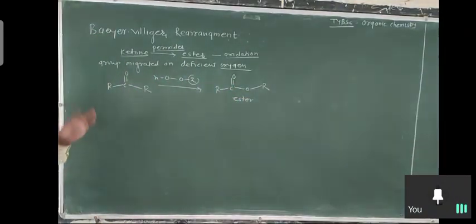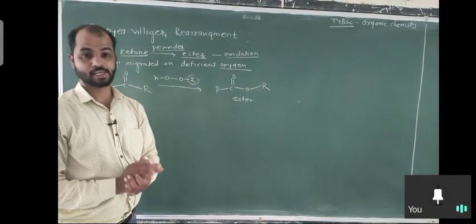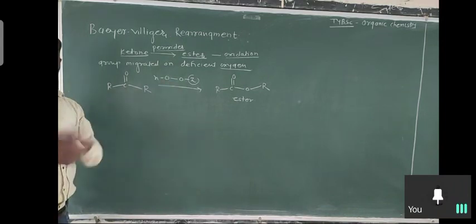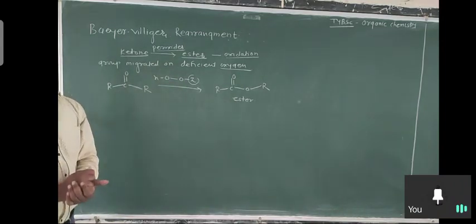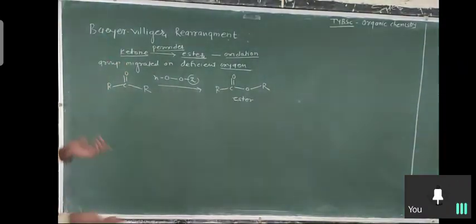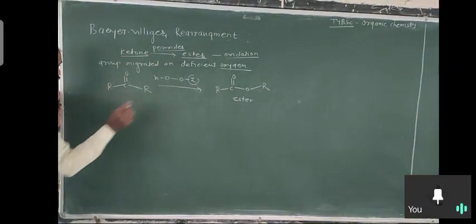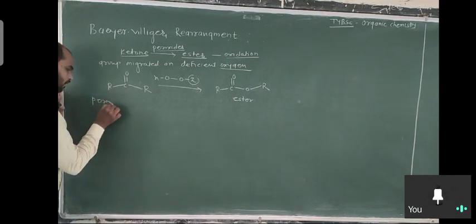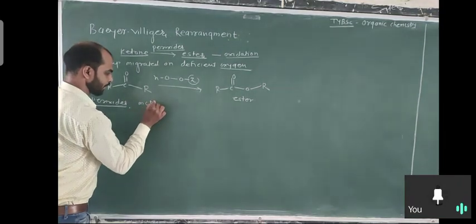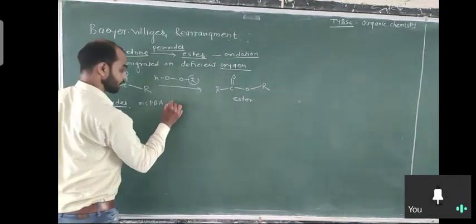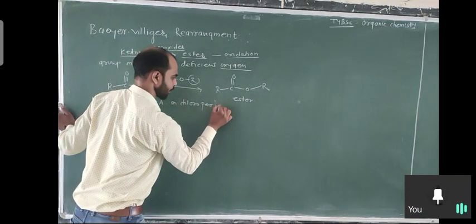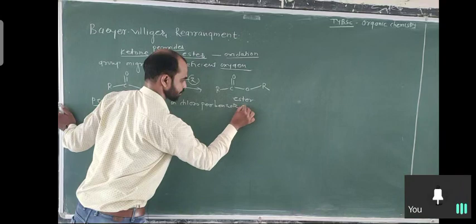So how does this reaction perform? It is an acid catalyzed reaction. So acid is required, and with that peroxide is required. So which peroxides are used? A number of peroxides are used in that reaction. For example, MCPBA, meaning metachloroperbenzoic acid, MCPBA.